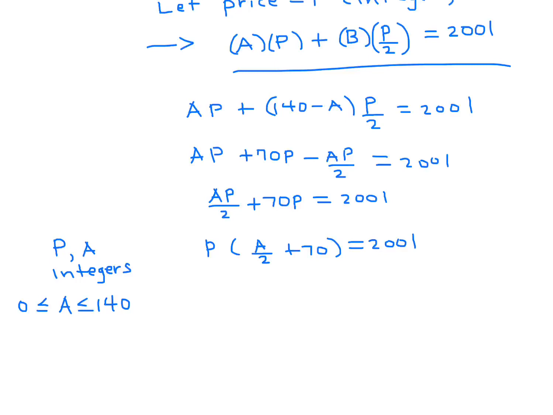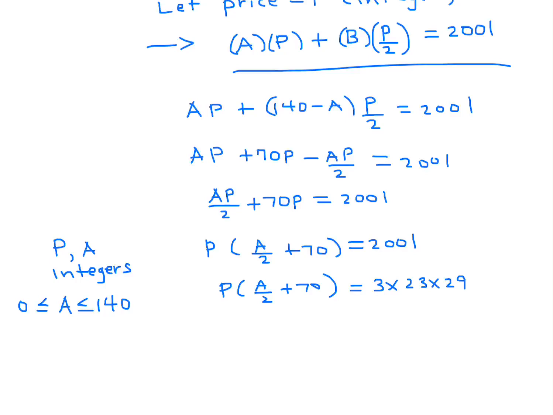I'm assuming you've sold at least one, or maybe you've sold 0, but in any case, A is between 0 and 140. So you fiddle around with this. One thing I think will be beneficial is to break up 2001 into prime factors, 23 and 29. If you did that, it would probably help us a little bit in trying to figure out what integer values you can get for A and P.